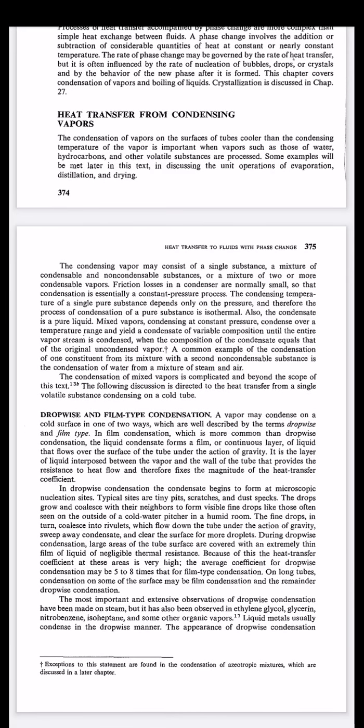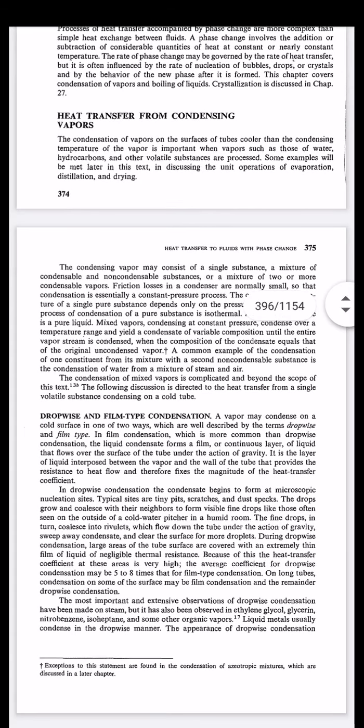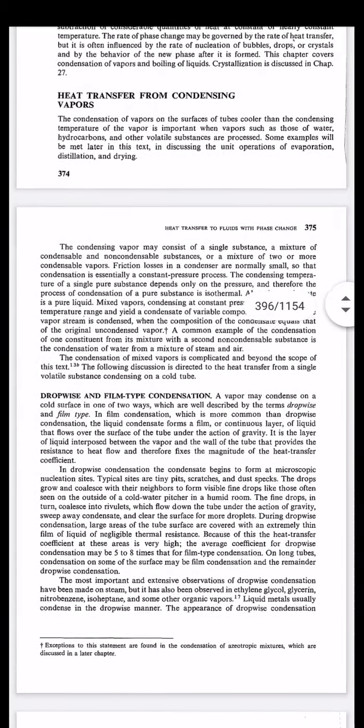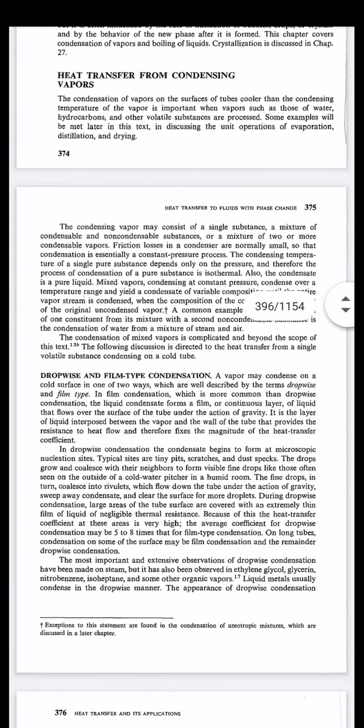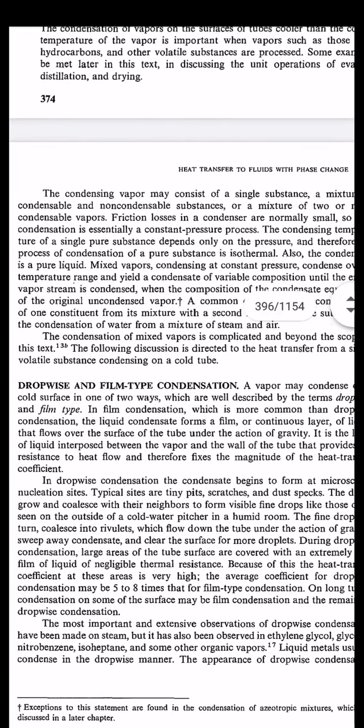Film-wise means a film appears on the surface, which increases the resistance to the heat flow, so it is difficult to impart heat through that layer. So whenever the surface is clean, glossy, and dust free, film condensation takes place.